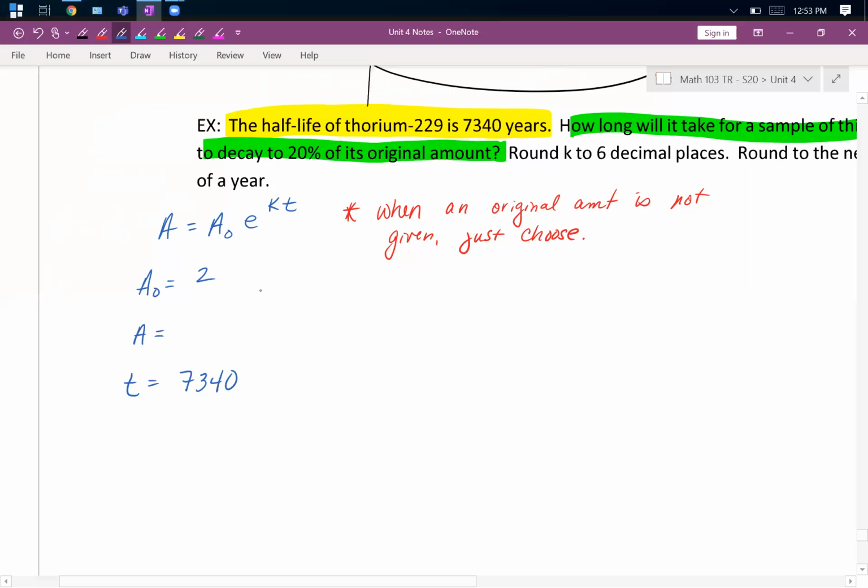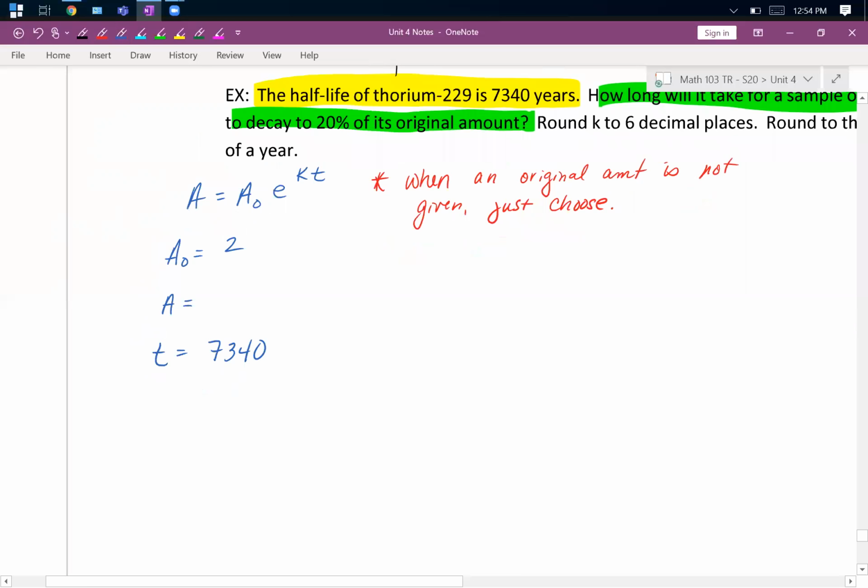Since this is a half-life problem, A is how much is left after time t has gone by. Well, A is going to be half of a sub 0 again, just like the previous example. So we get 1.